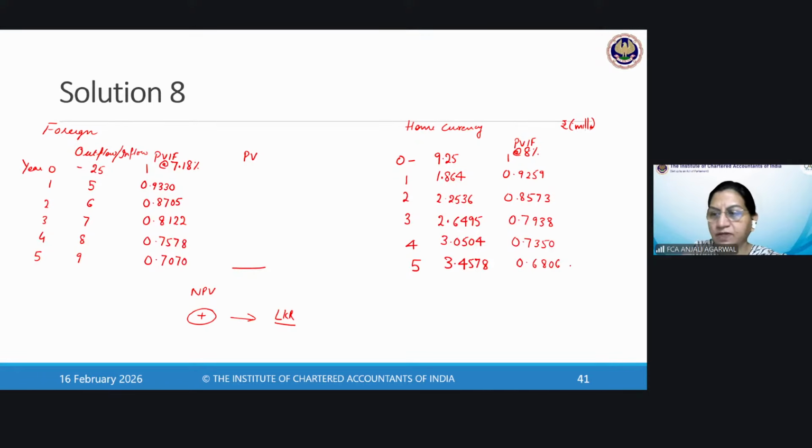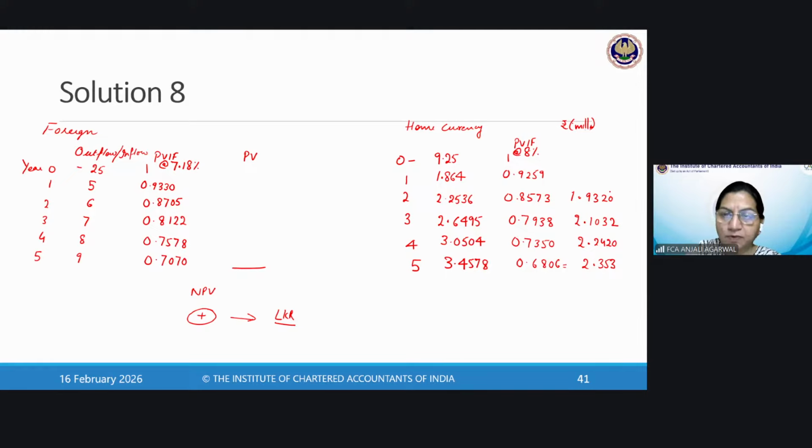So when you multiply the present value, you end up getting 2.353, 3.0504 into 0.7350, 2.2420, 2.6495 into 0.7938, 2.1032, 1.9320.